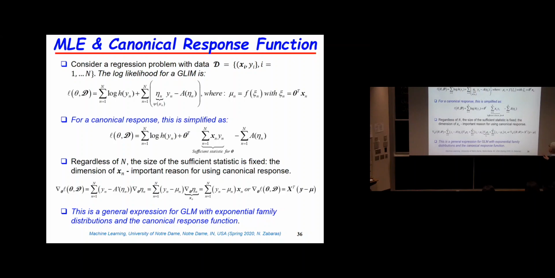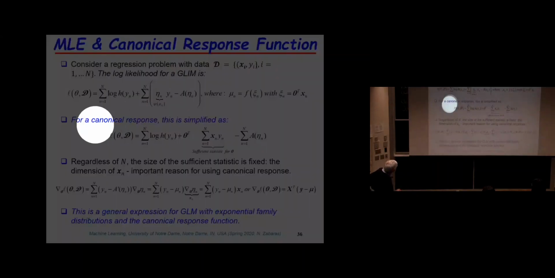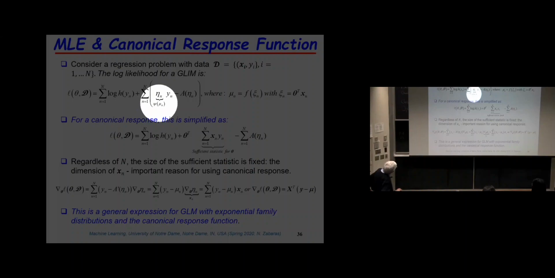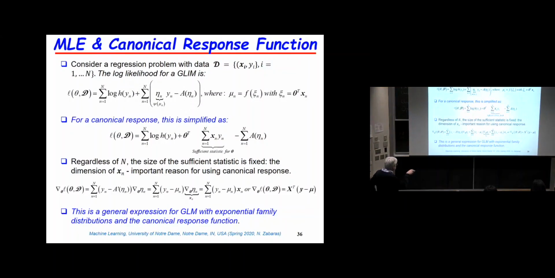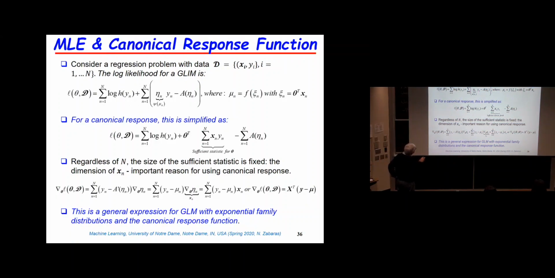Now, you remember in the exponential family you have eta transpose u. What are the sufficient statistics u here for every data point? It's y. So I just wrote it directly, eta times y. You will see shortly why I put a subscript on eta, because eta is going to be different for each point n.